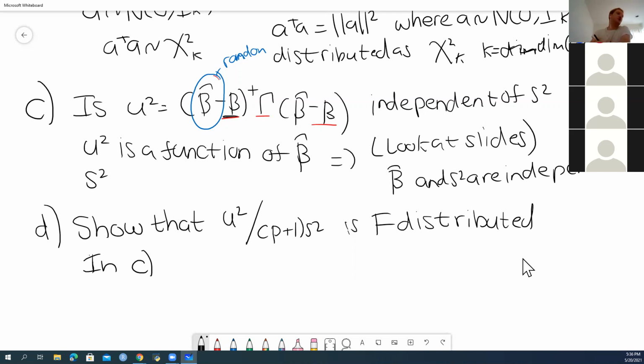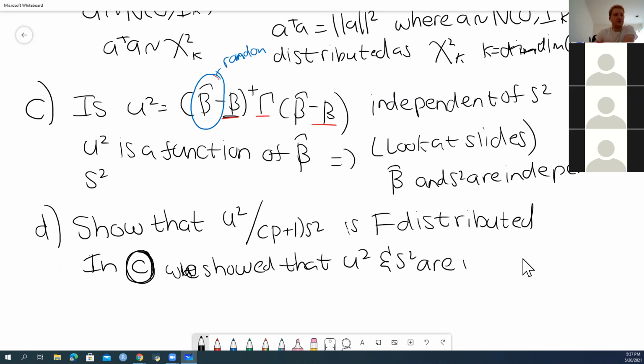Okay, so to show this is F distributed, basically in C, we showed that U squared and S squared are independent. So remember, we need that.